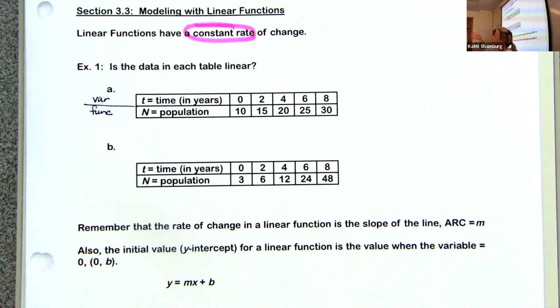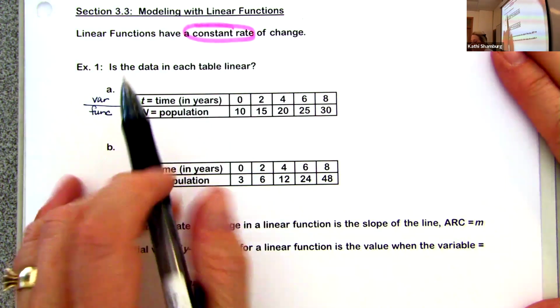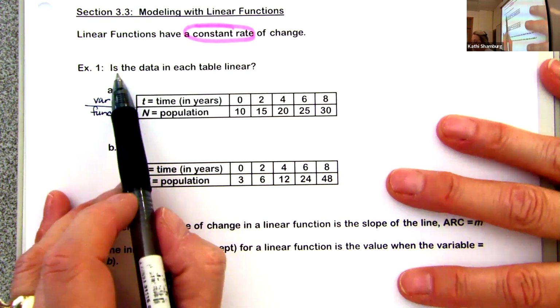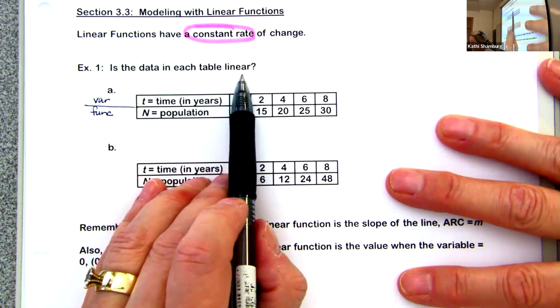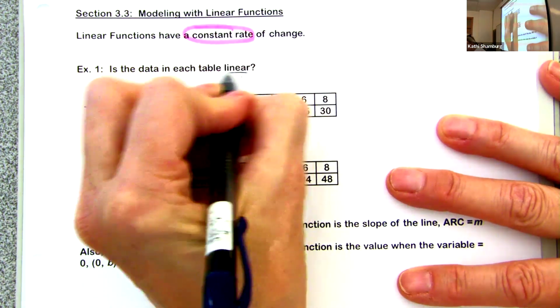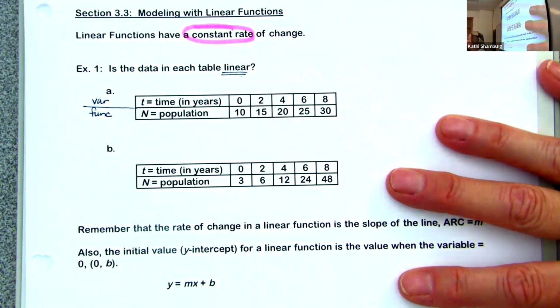Does it have an increasing rate or a decreasing rate? Because you would look at the two numbers, okay? So one of the questions that you might be asked is, is the data in each table linear? So the key right here is to look to see if it's linear. Well, we know it's linear when it has a constant rate of change.